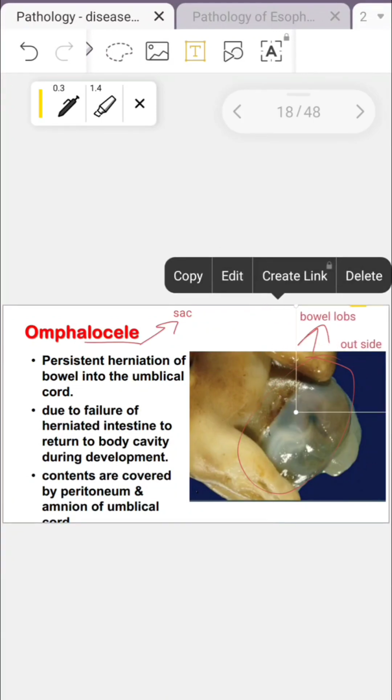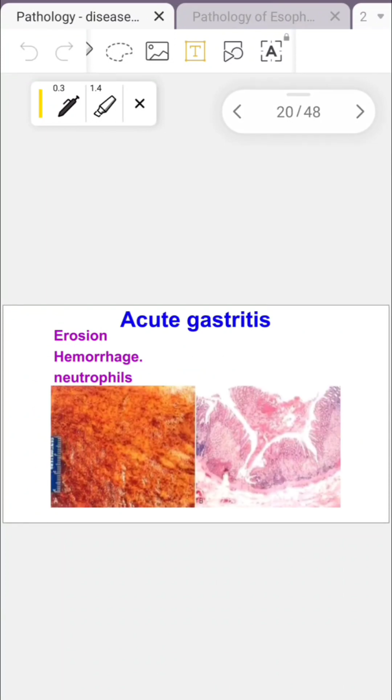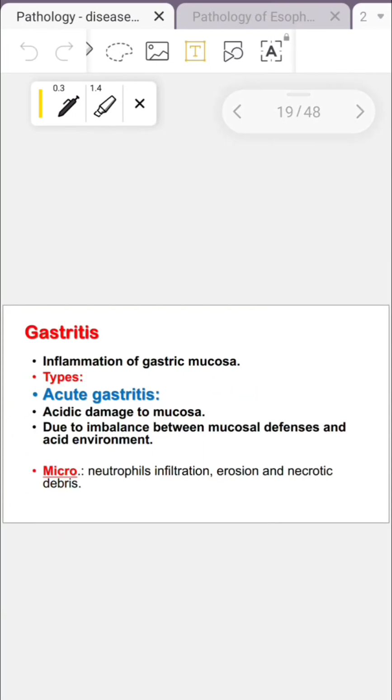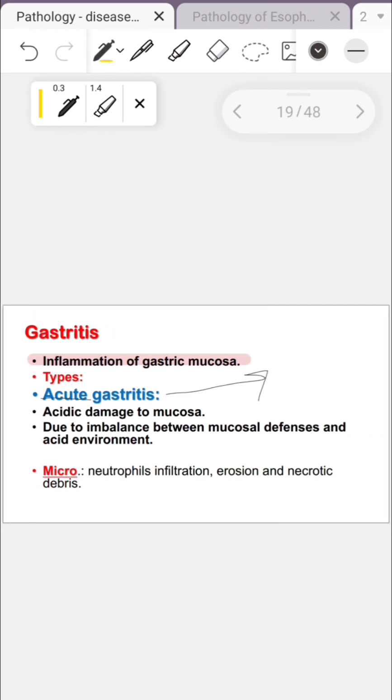Gastritis. What is gastritis? It is inflammation of the gastric wall or gastric mucosa. Gastritis can be acute or chronic. Acute gastritis is caused by increased acid formation or a defect in one of the defense mechanisms.